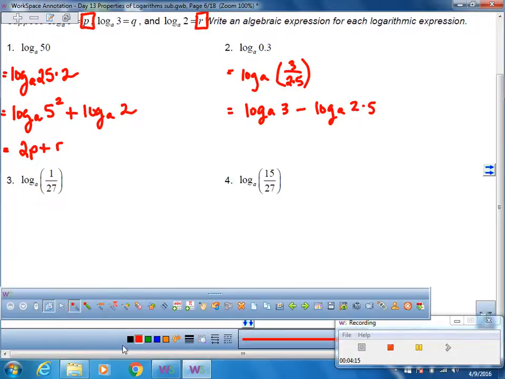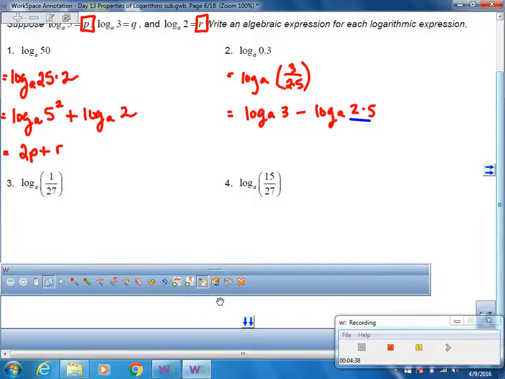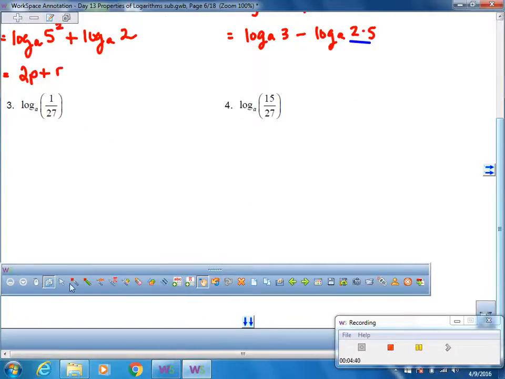I'm going to take this portion right here and use the product property for that one.